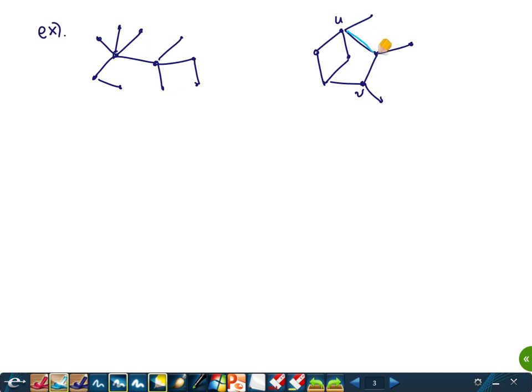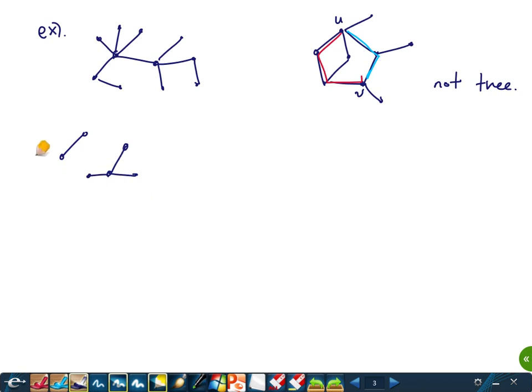You can go this way, or you can go in this way, or this way. There are two different simple paths from one vertex u to another vertex v. This is not a tree. And what about this?